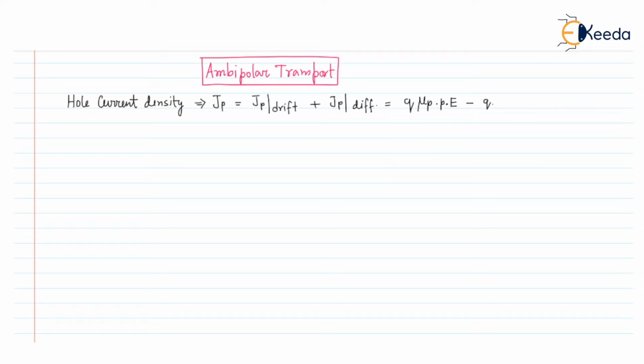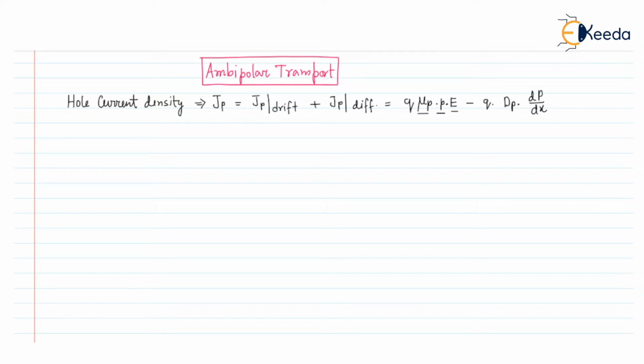So Q times Dp times dp by dx, where Q is the electronic charge, mu p is the mobility of the holes, p is the concentration of the holes inside the semiconductor, and E is the applied electric field.